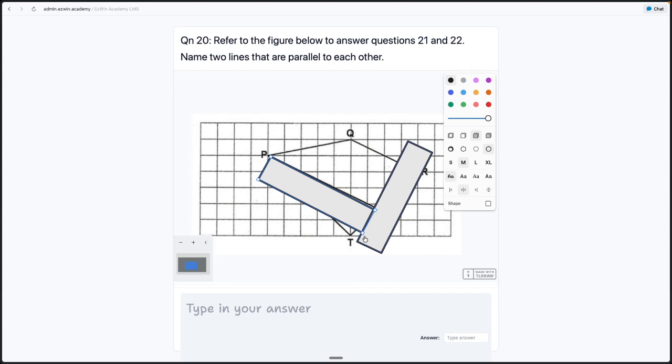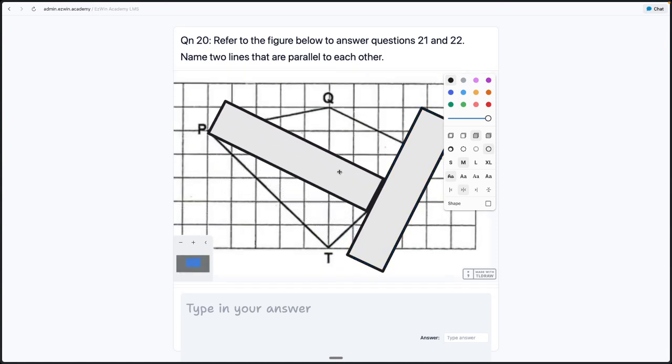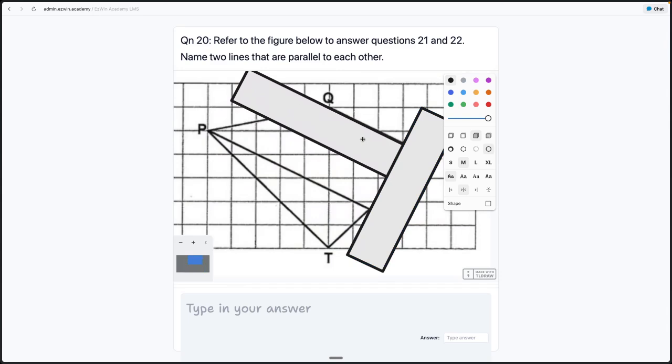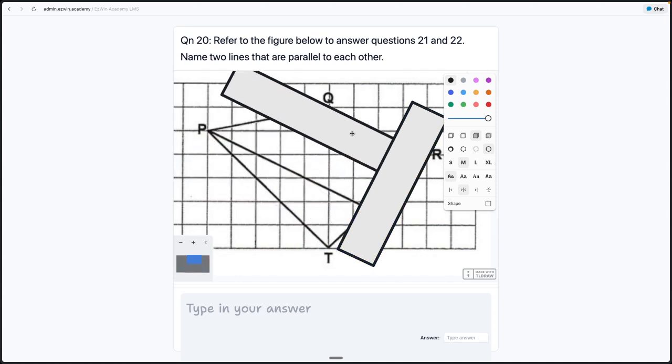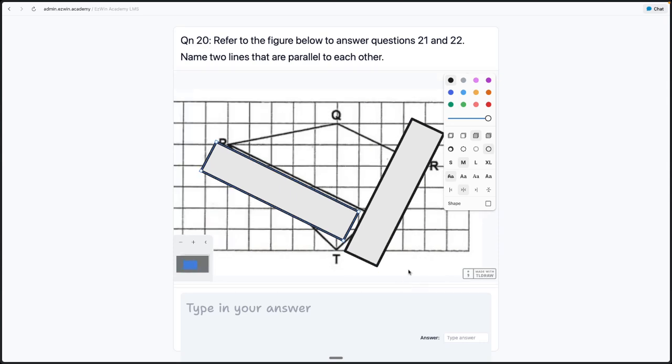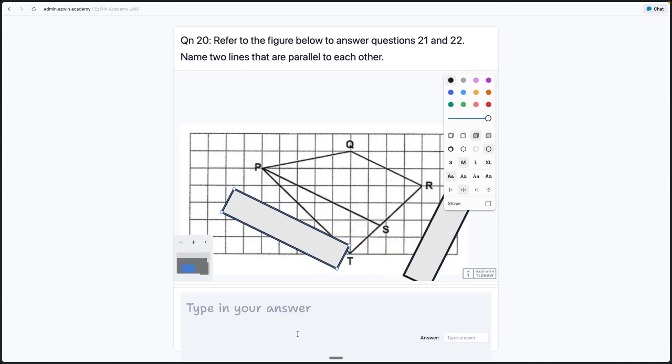Make sure to put it in as you see here. Now when we move the ruler, you can see that PS is parallel to QR. So these two lines are parallel. Great. We can write here: PS is parallel to QR.